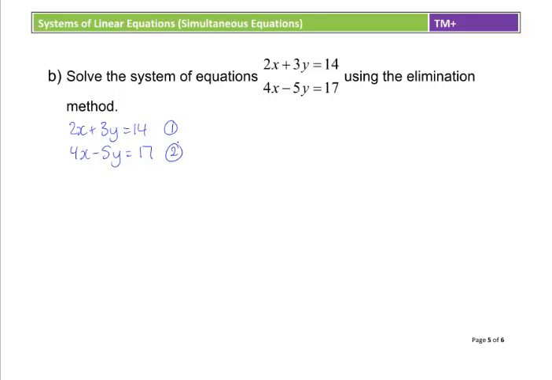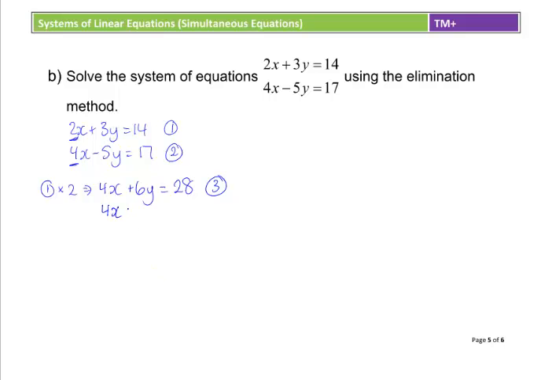Sometimes you might need to multiply both, but in this one I've got 2x and 4x, so if I multiply equation 1 by 2, I'll end up with 4x in both of them. So 2x times 2 is 4x, 3y times 2 is 6y, 14 times 2 is 28. So that's my equation 3.